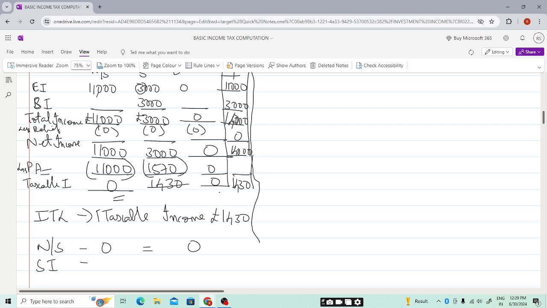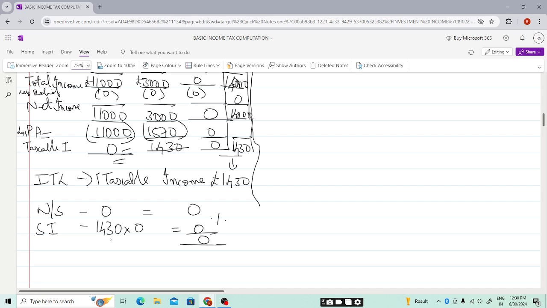Our taxable income is 1430, and we do not have any taxable non-saving income. So the 5000 pound rule will be available. So for the saving income, 1430 into 0%, that is 0 tax. So our income tax liability will be 0.